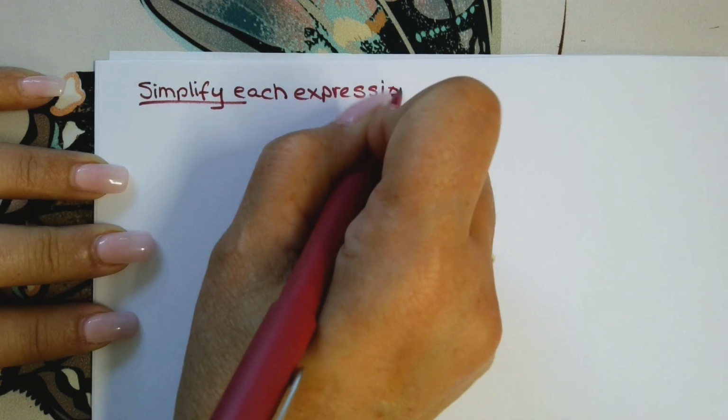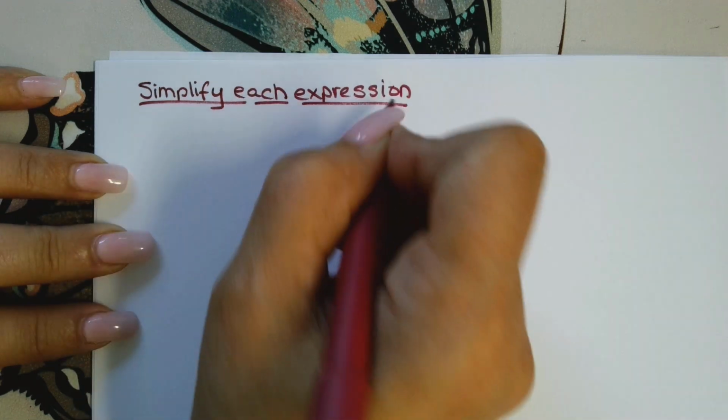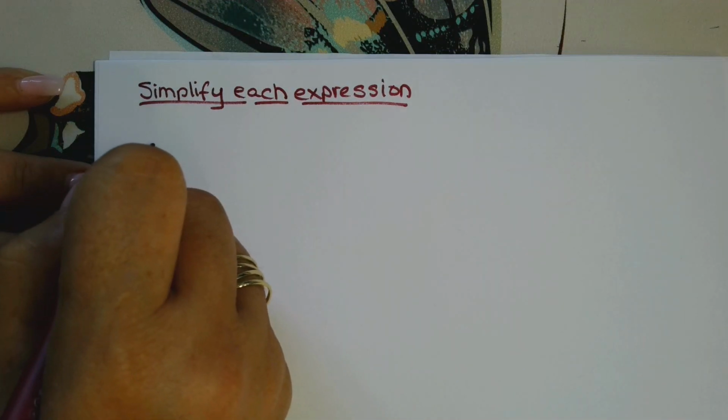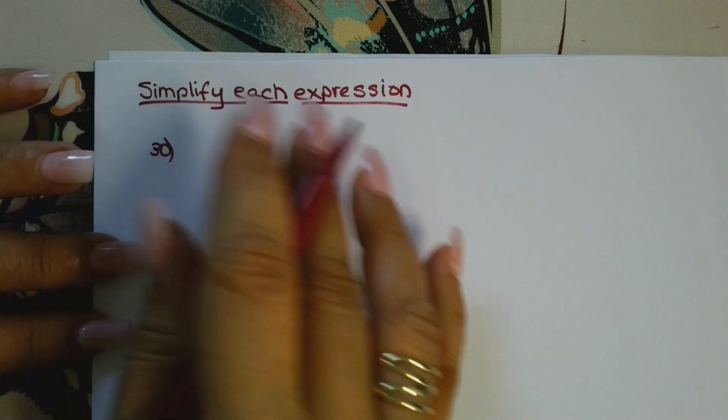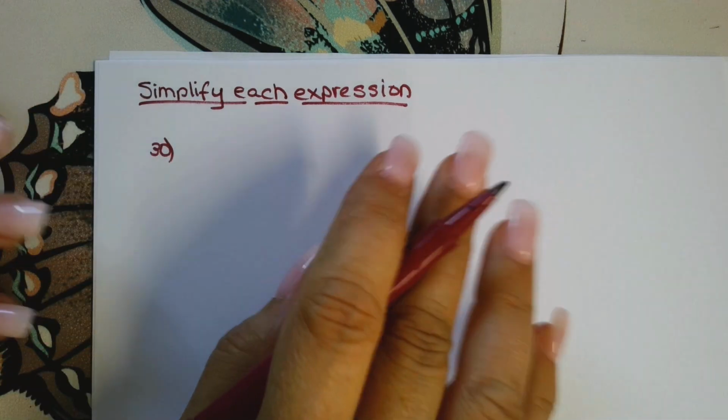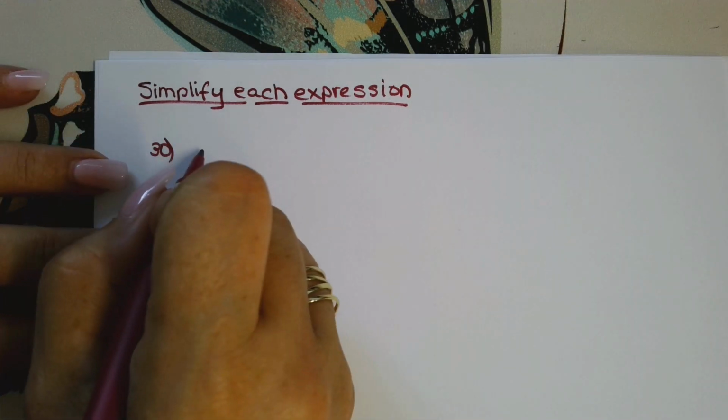So the instructions say to simplify each expression. Let's take a look at number 30. Now remember, the first thing you want to do for any of this is factor. Factor to see what you can cancel out. Okay?